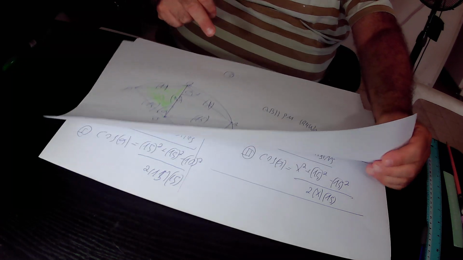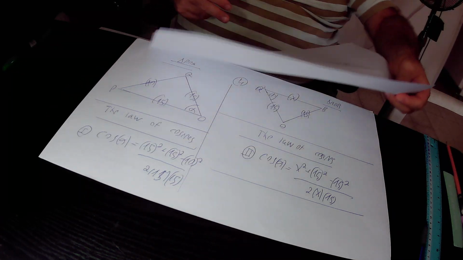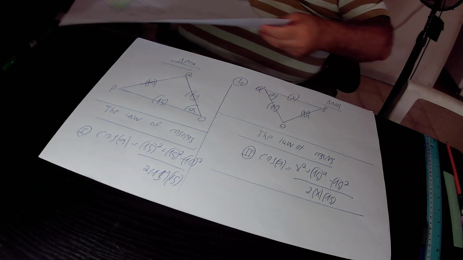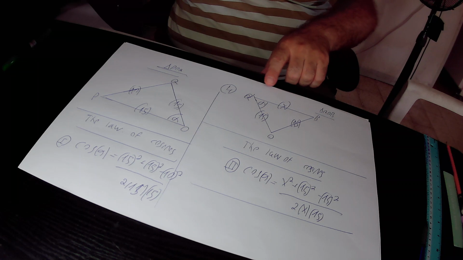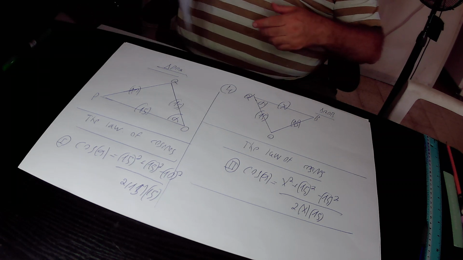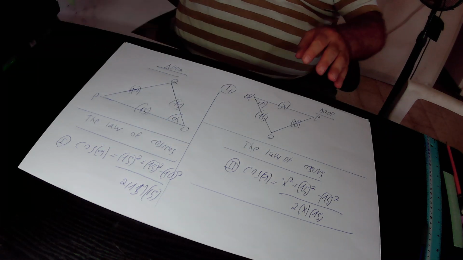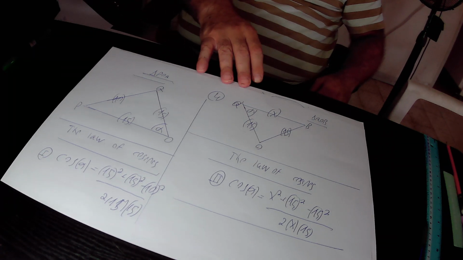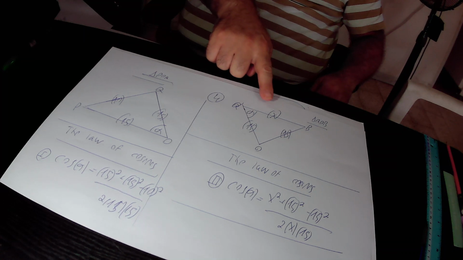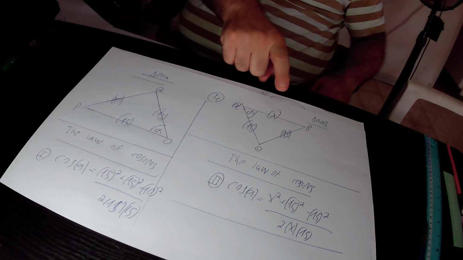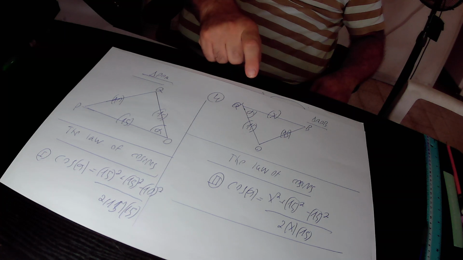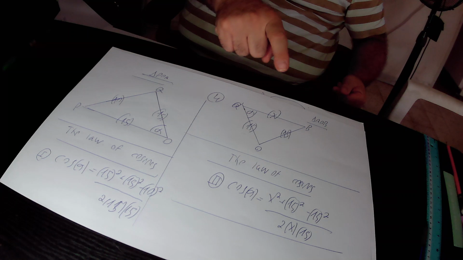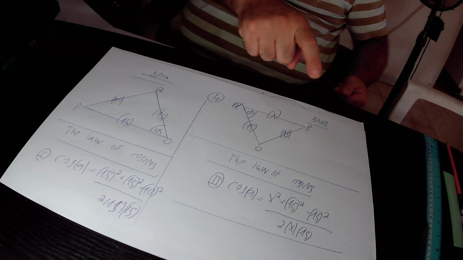In the next step, I copied this right triangle QBO here, and we implemented the law of cosines in it. This is the right triangle QBO that I copied from this drawing. In this triangle QBO, cosine alpha equals x squared plus 15 squared minus 15 squared over 2 times x times 15.